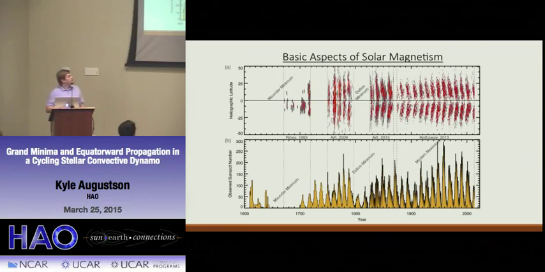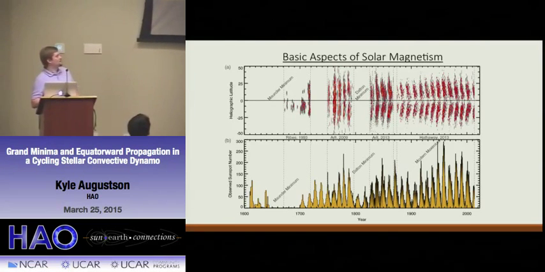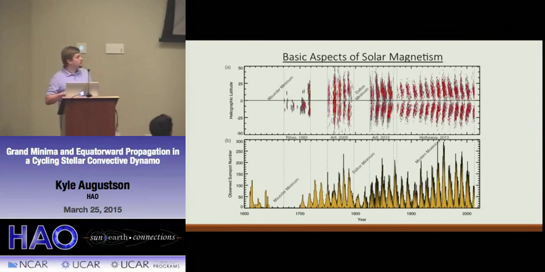And you can see these features basically have been maintained for at least 4 centuries, where you have this equatorward migration. Hard to see the poleward migration on this one, but you also have longer terms, so beyond the 11-year and 22-year cycles, you have longer term behavior, something like the Gleissberg cycle, which is basically these envelopes in the peak amplitudes of each magnetic energy cycle or sunspot cycle.